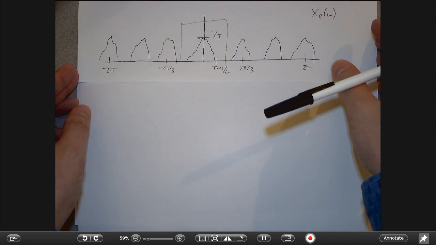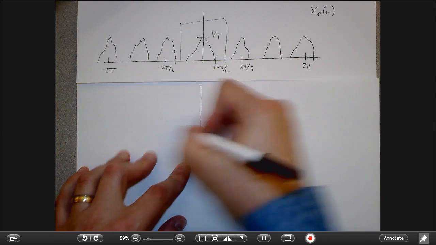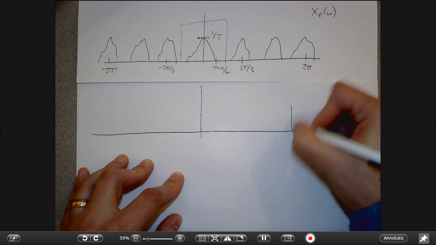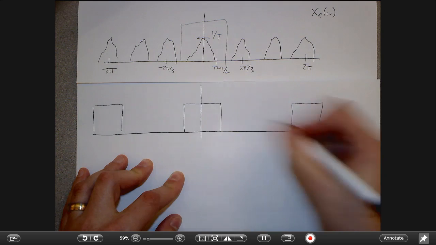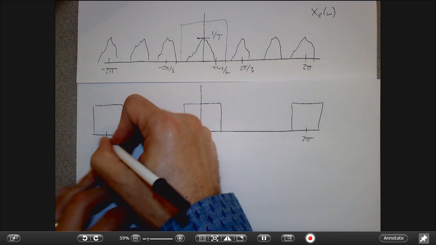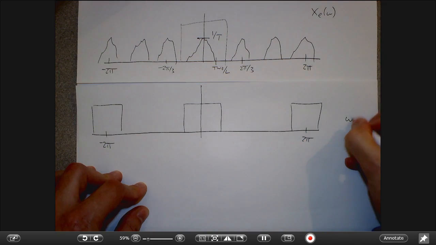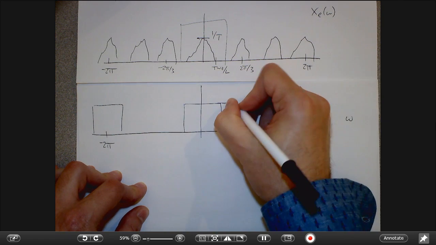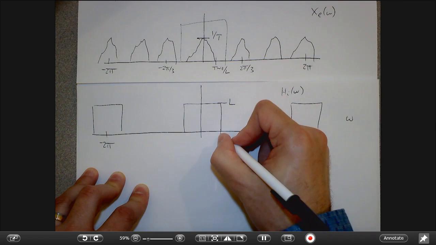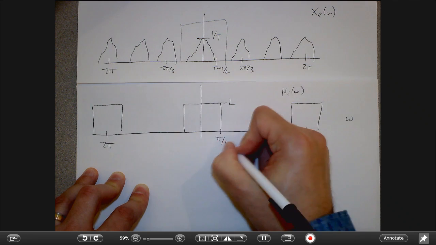So my interpolation filter is basically something that notches out only the copies that are centered at multiples of 2 pi. Because again, remember this is a discrete-time filter. I'm going to make the height of this filter L, and I'm going to make the bandwidth of this filter pi over L.